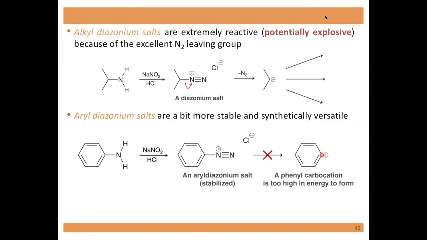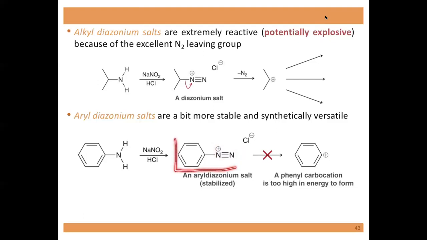More S character means that those orbitals are closer to the nucleus. And so this positive here, that's essentially an sp orbital, is very unstable because we have a lack of electrons in orbitals that are very close to the nucleus, which is positive. So the take-home message is aromatic carbocations or phenyl carbocations are too high in energy to form. So in this case here, the nitrogen just doesn't get up and leave.